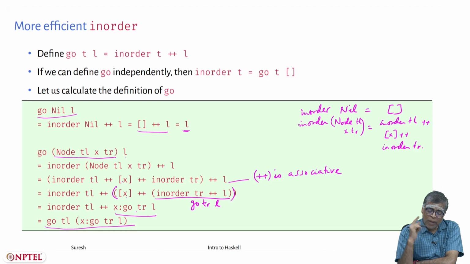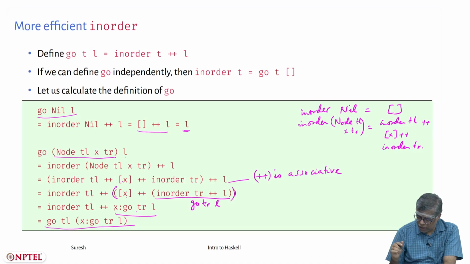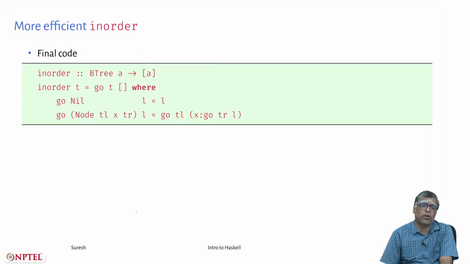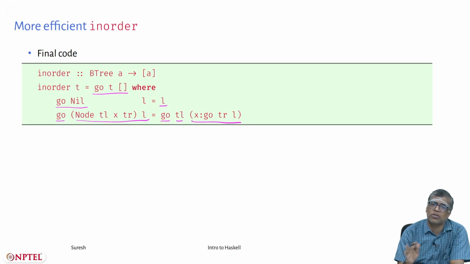Now the main point here is that you are avoiding the plus plus. In the next slide I will actually derive the time complexity for the new definition of go. So you define now in order to be go T empty list, where go nil of L is L, and go node TL x TR is go TL x colon go TRL.